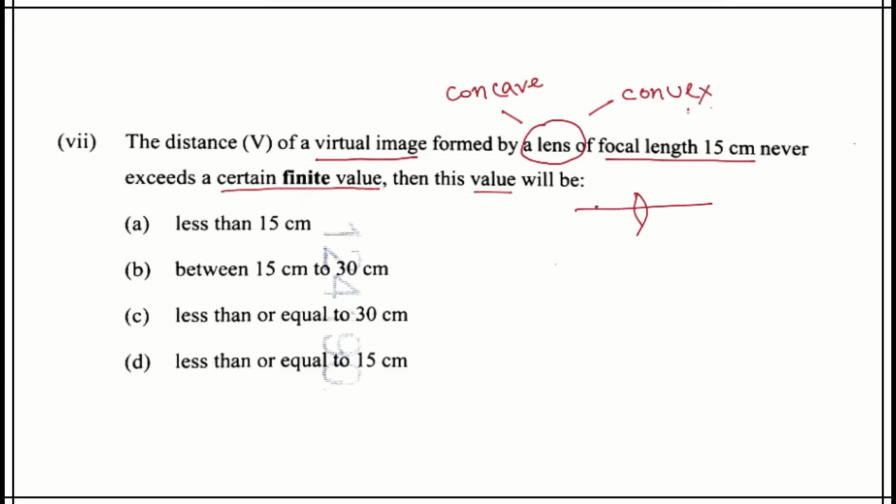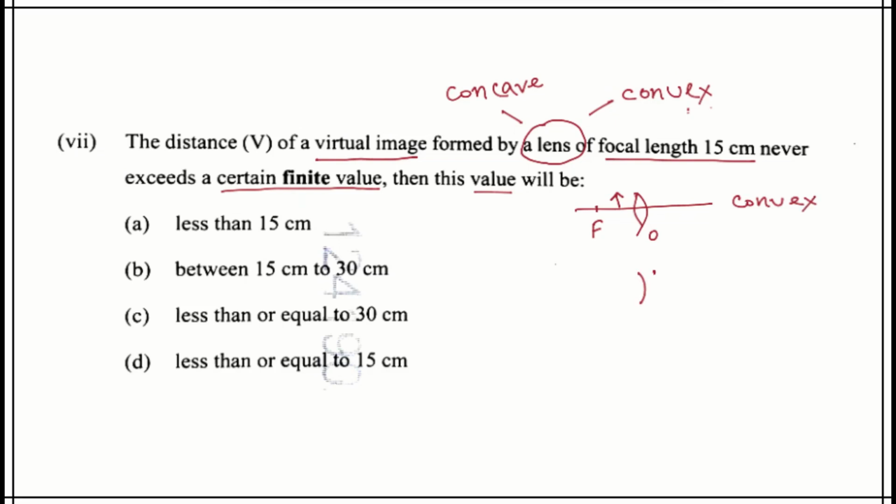Now for a convex lens, if we draw the object in between focus and optical center, then the image is formed as a virtual image. In this case, the virtual image can be placed anywhere according to the position of the object between focus and optical center.